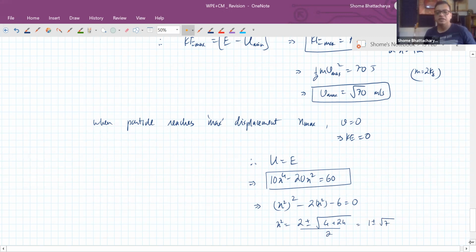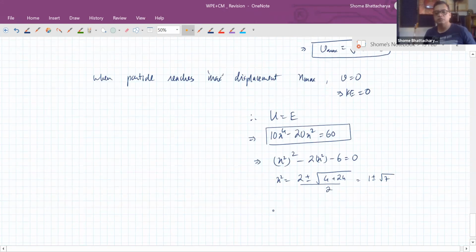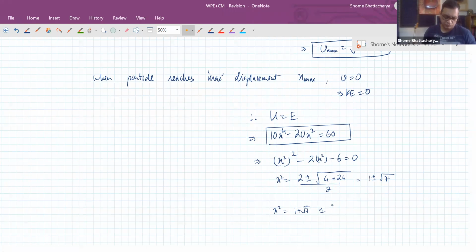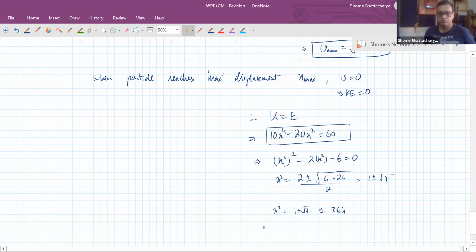Now obviously, we can see that x square cannot become negative. So the only root we will take is that x square is 1 plus root 7, which is approximately, and x will become plus minus of square root of this.